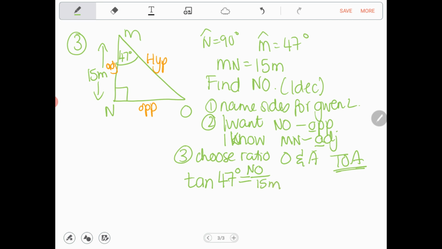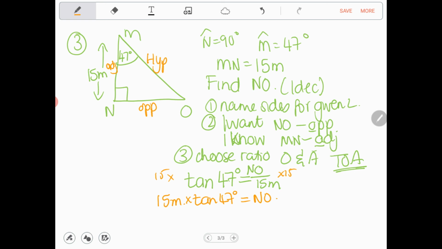Now to solve this one, it's an easier one again. We just want to get NO alone, so we multiply both sides by 15. So 15 meters times the tan of 47 is equal to NO.